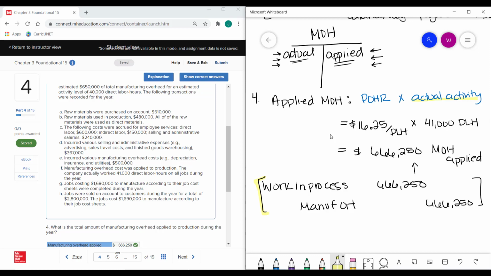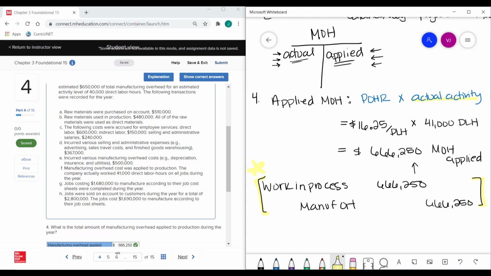Now, in reality, would we always do this as one huge entry at the end of the period? Not necessarily. Some companies might decide that at the end of every week or at the end of every month, depending on how long the period is that we're looking at, in this case a year. A common practice would be at the end of every month, look at how many direct labor hours did we use this month, and then do an entry to apply overhead to work in process for that month.